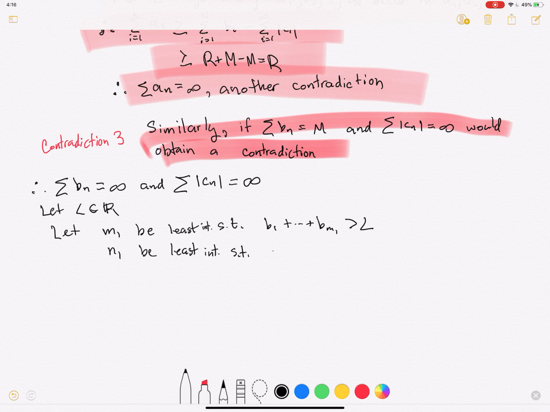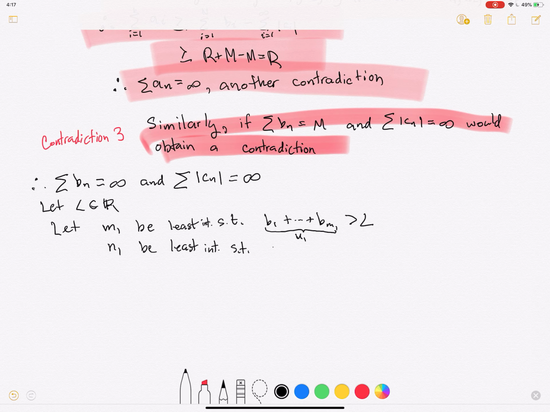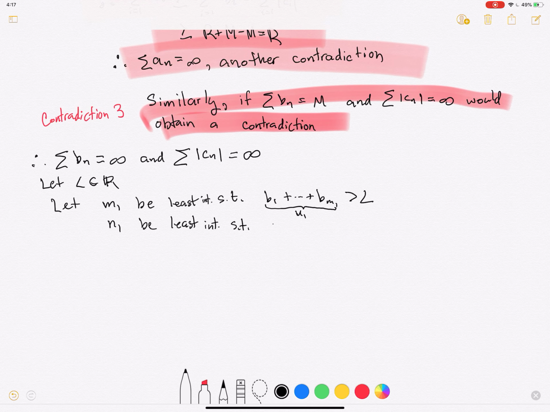If we subtract the C's from the B's up here, let's call this U1, short for upper, since it's above L. So U1 plus C1 plus all the way to C_N1. Because these are negative, this will eventually go below L.